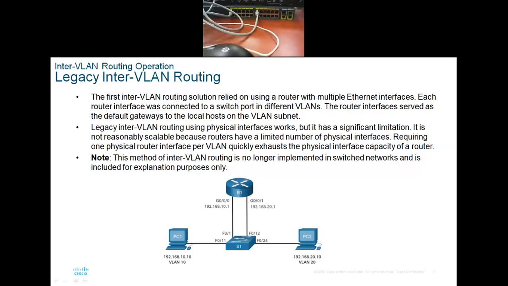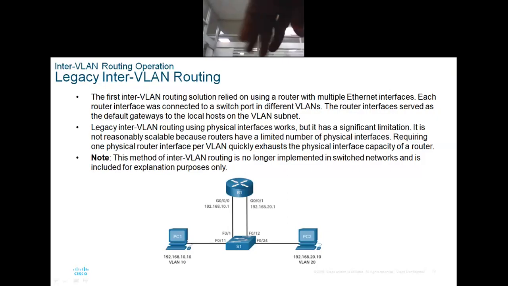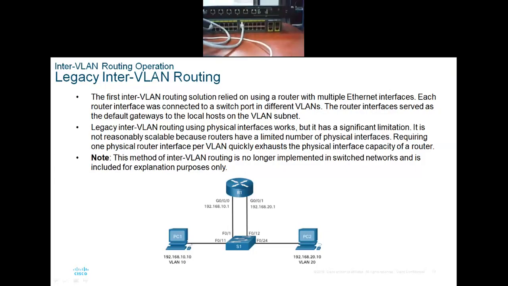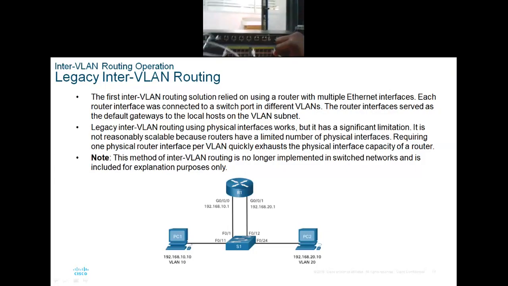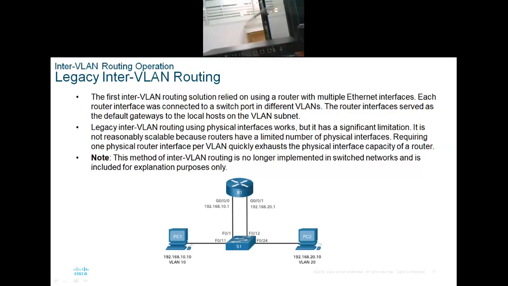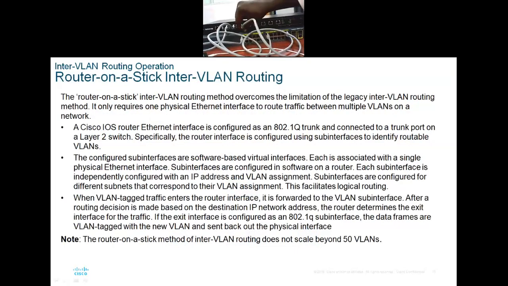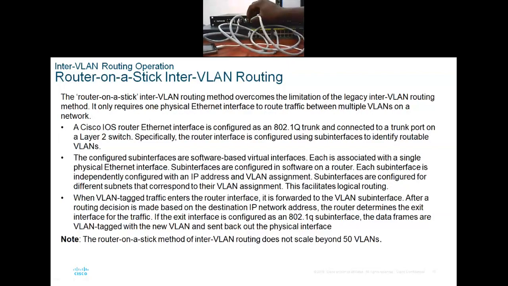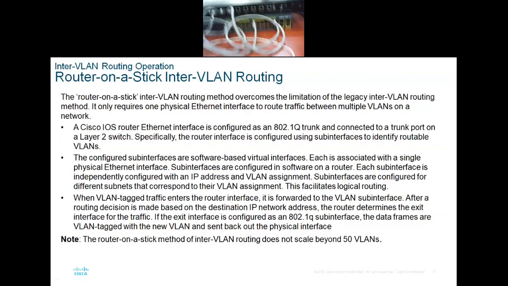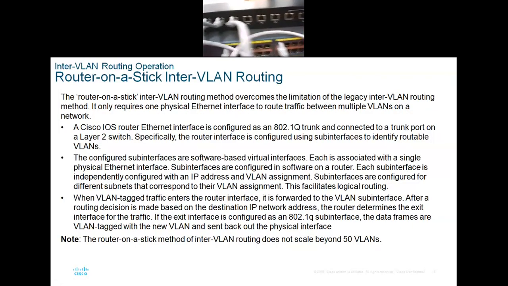Then if I want to have another VLAN again, I would have to bring the cable, plug it to another port, then come to the router, and plug it here. Very good.